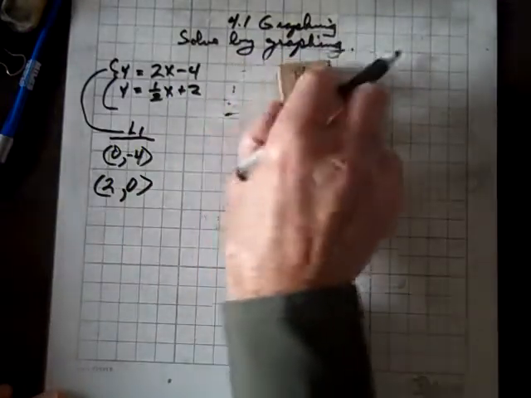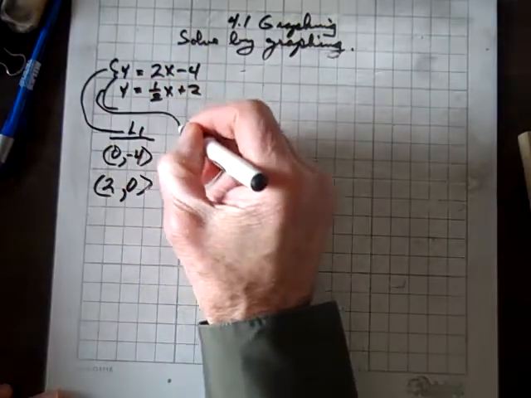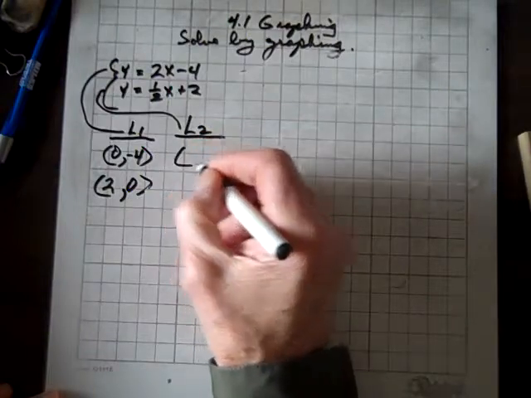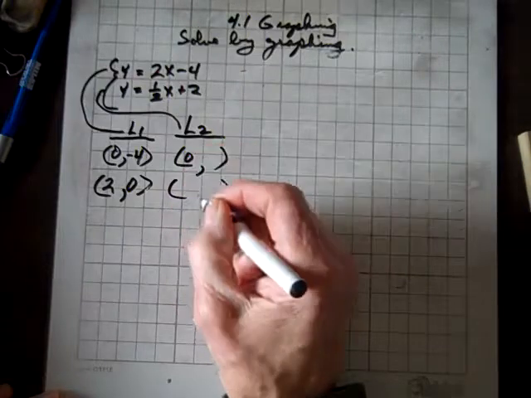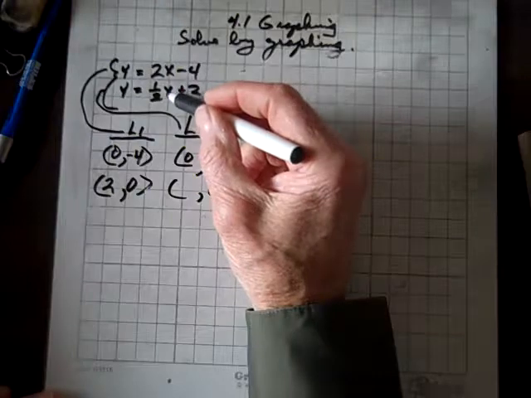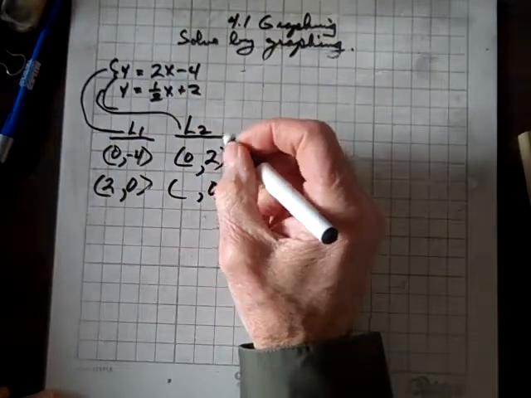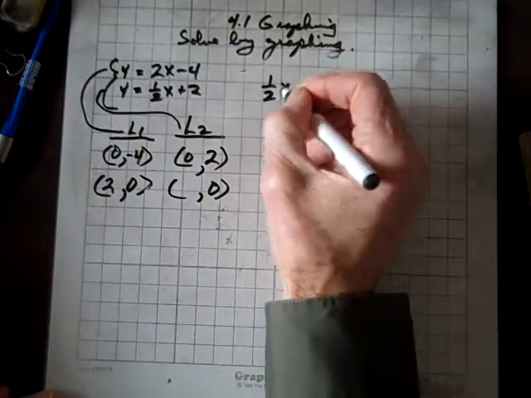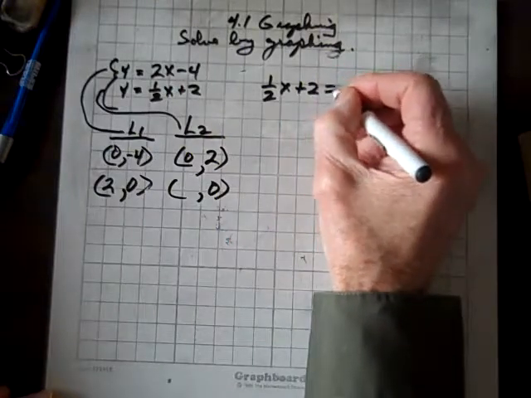Let's go to the next equation, and we'll call this line L sub 2. We're going to get our intercepts one more time. Put 0 in for x, put 0 in for y. If we let x be 0, that term's wiped out and we just get a 2 back, right? If we let y be 0, that means 1/2 x plus 2 equals 0.